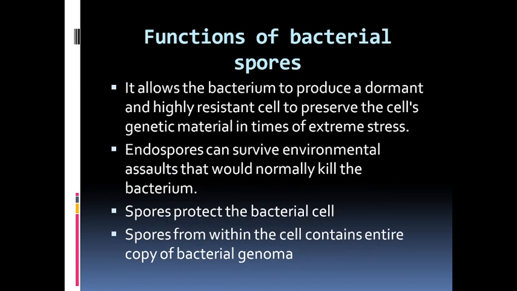Next, moving on to the functions of the bacterial spore. The first and foremost function is to protect the bacteria. It allows the bacterium to produce a dormant and highly resistant cell to preserve the cell's genetic material in times of extreme stress.